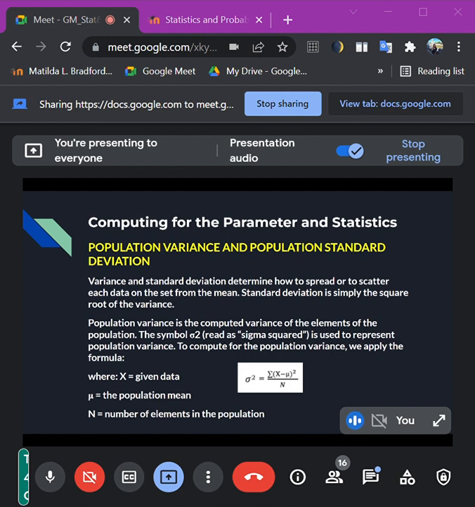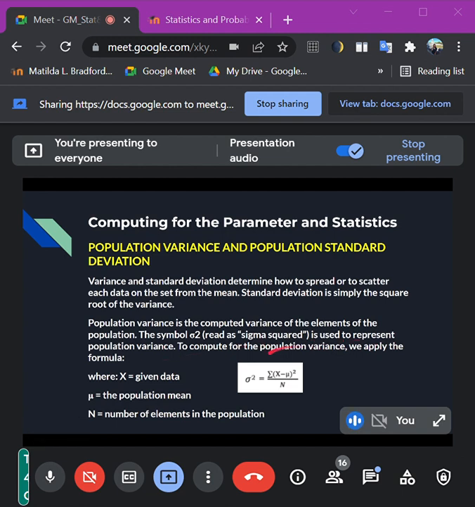So standard deviation is simply the square root of the variance, while population variance is the computed variance of the elements of the population. So you can have the symbol sigma squared. We're going to read this as sigma, raised to 2, so sigma squared is used to represent population variance.